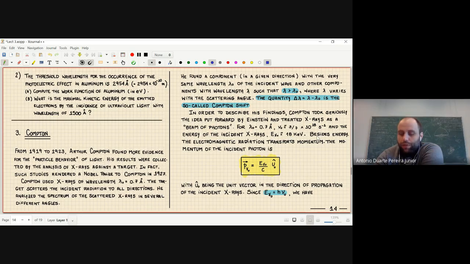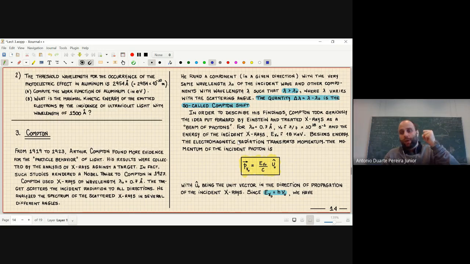So if you think about electromagnetic radiation, it will transport not only energy, but also momentum. You have heard about momentum in elementary physics courses. A particle that has a velocity carries momentum.